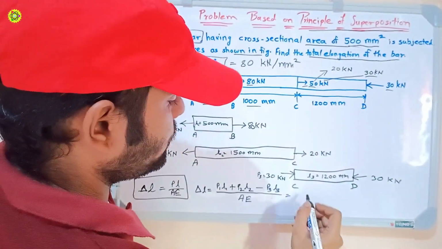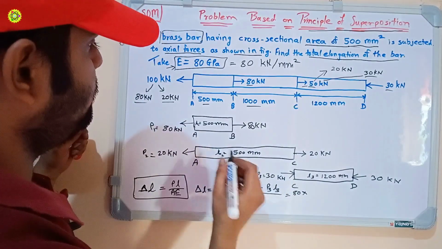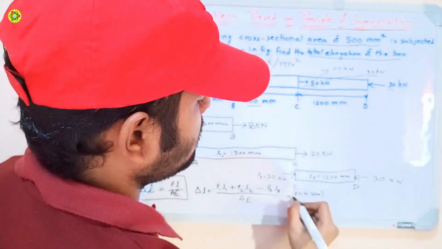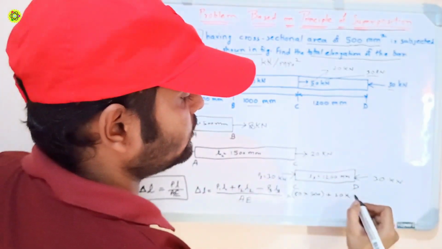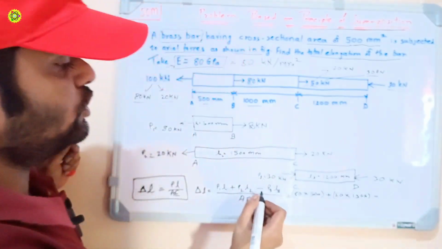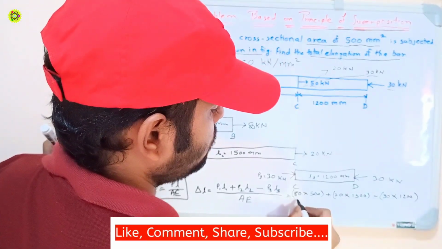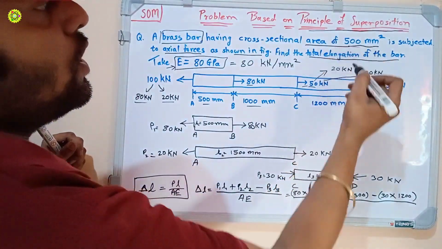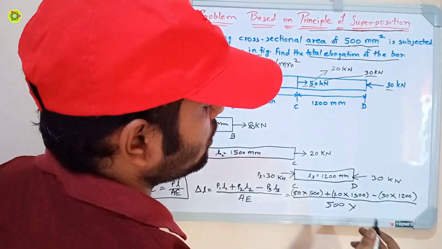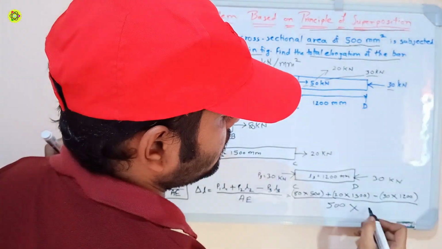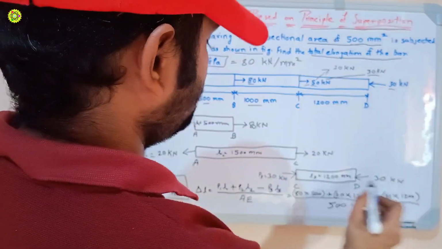P1 is 80 kilonewton into L1, 500 mm, plus 20 kilonewton into 1500 mm length, minus for compression 30 kilonewton into 1200 mm length. This is divided by area, 500 mm square, into Young's modulus, 80 kilonewton per mm square.